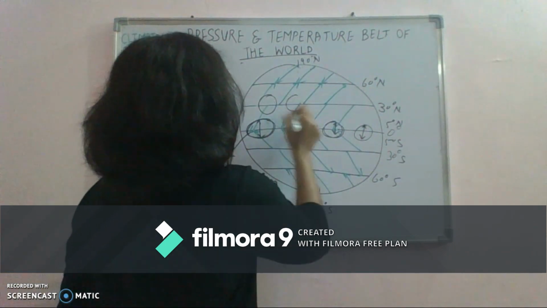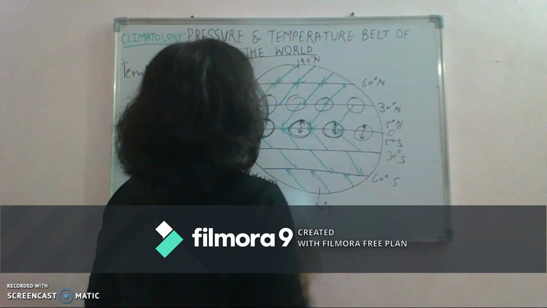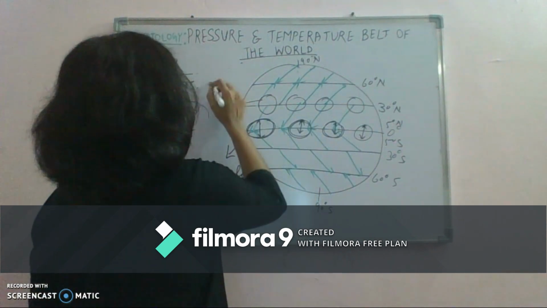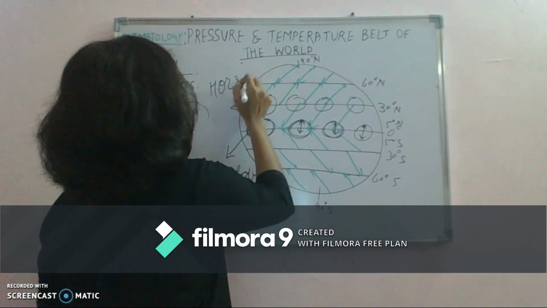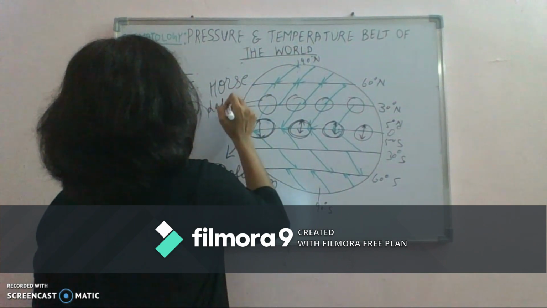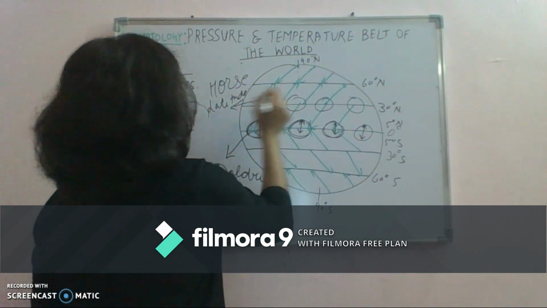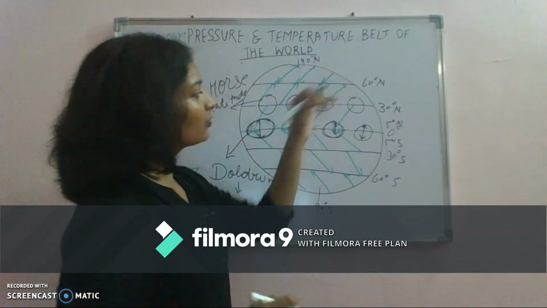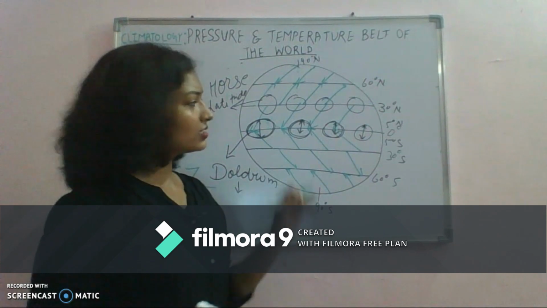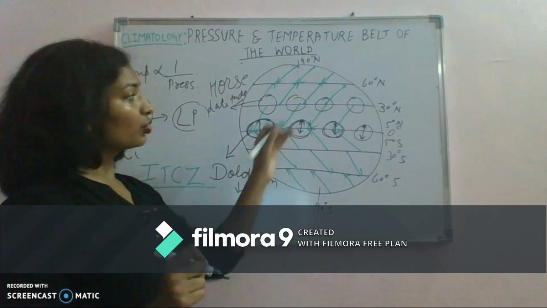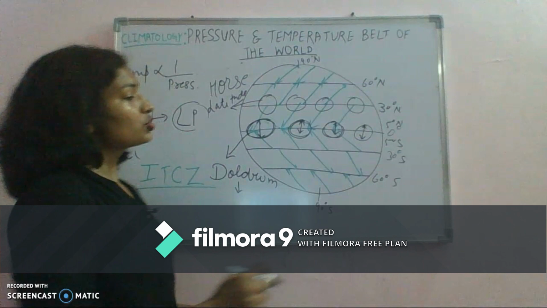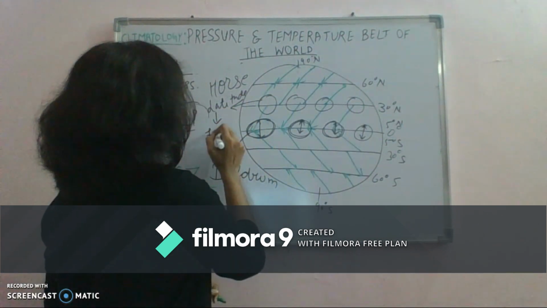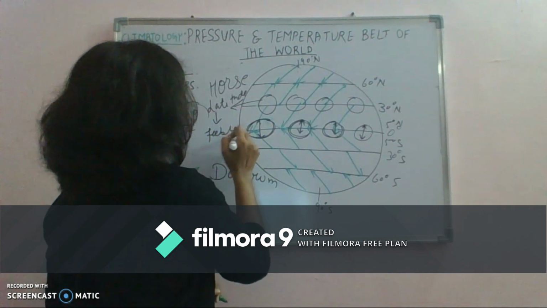This zone in both hemispheres is known as the horse latitudes. Why is it called horse latitudes? Because in ancient times the traders who carried horses in their ships had to throw some of their horses overboard to pass this zone, because this zone is again feeble and stable.